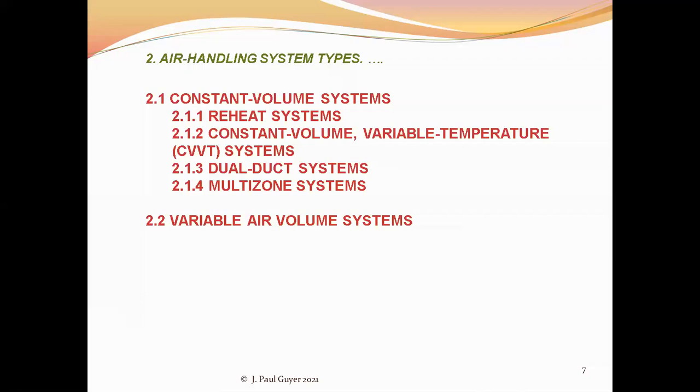The constant volume variable temperature system, that's essentially when you just have one thermostat for the whole building, and as I say, the only guy that's happy is the one who has the thermostat in his office. And then there are the dual duct systems, and then these multi-zone systems utilizing either small dampers or small coils.